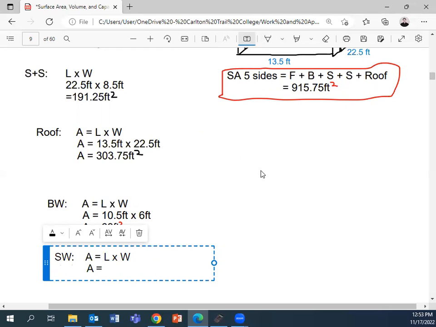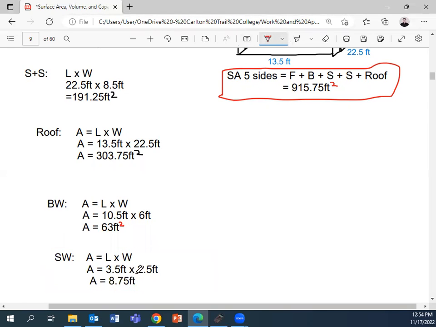Those ones are 3.5 feet by 2.5 feet, right? 3.5 feet times 2.5 feet. And if I times those together, I get 8.75 feet squared. Cool. So I have the windows now.